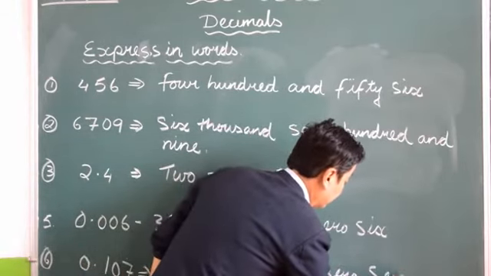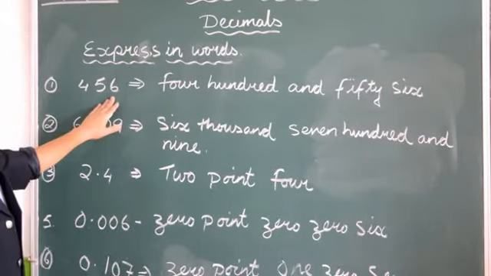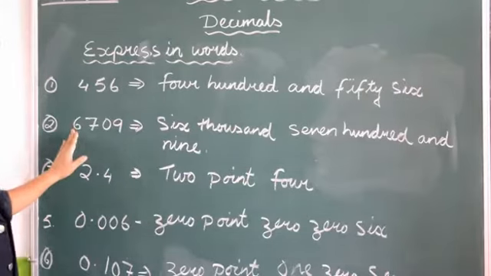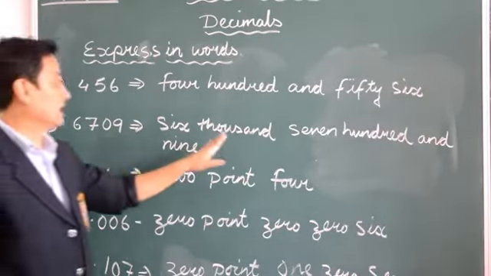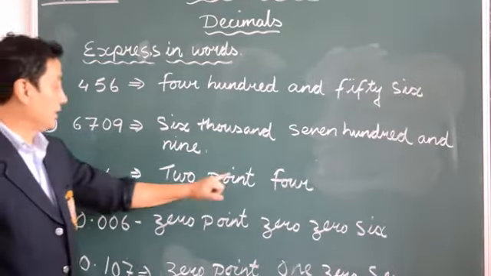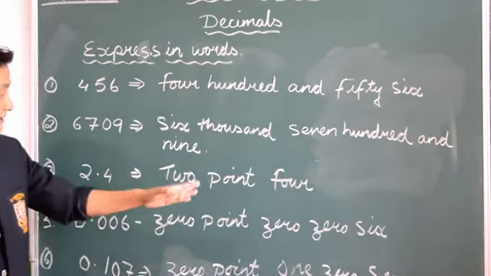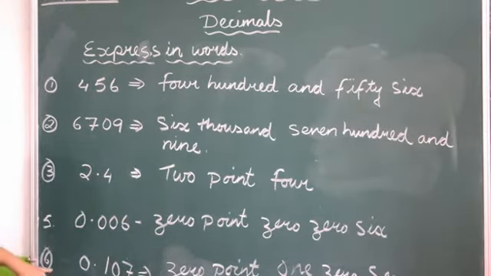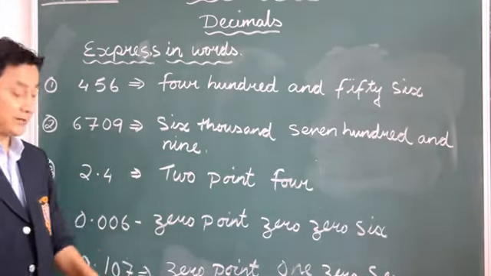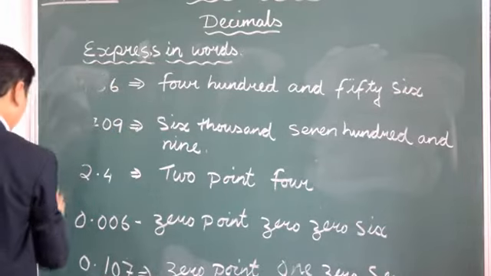Okay, let's revise. 456, there's no decimal point, so we write it as 456. 6,709. 2.4. 0.006. 0.107. So I hope most of you have understood.